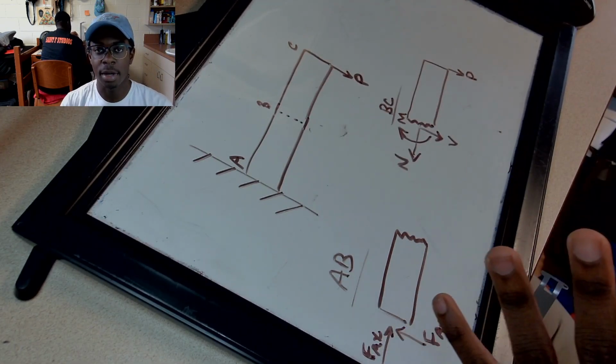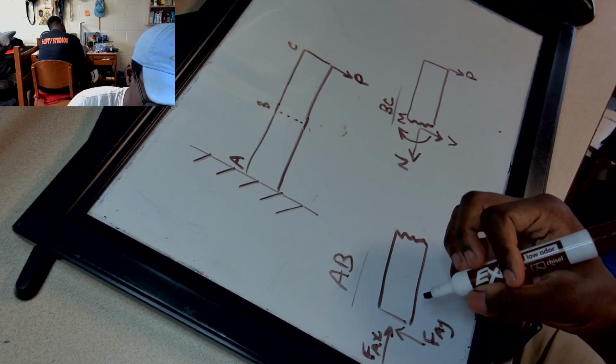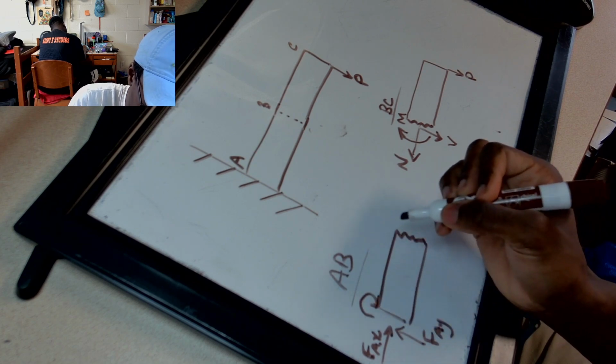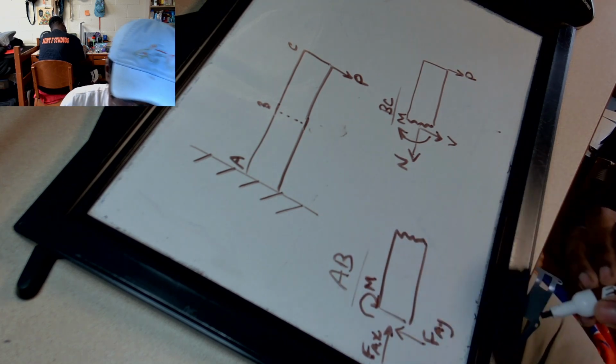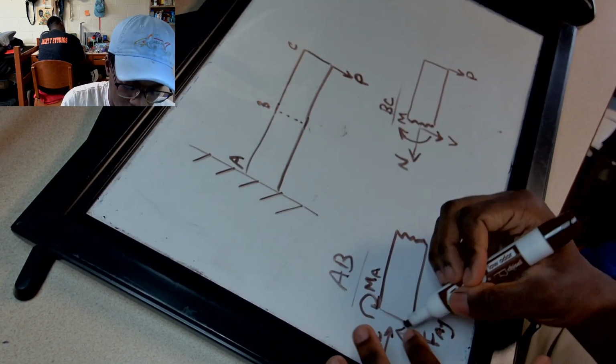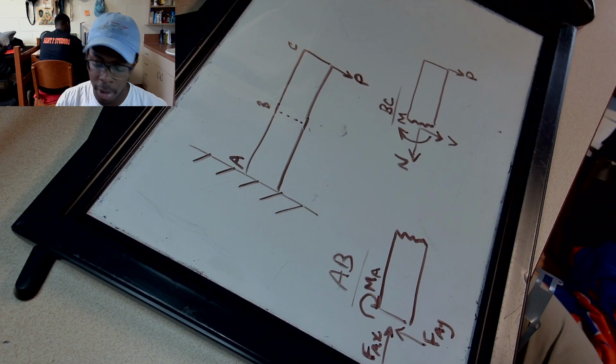So it can resist rotation, which means that it can have a moment. So I'll just draw this over here just because I'm out of space. Call that MA. Those are all applied in the same area. I should have created more space, but those are our support forces and moments.